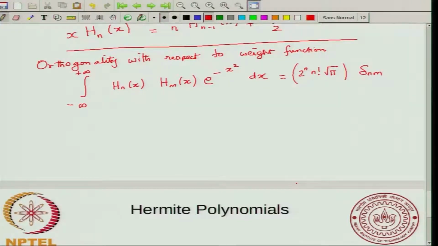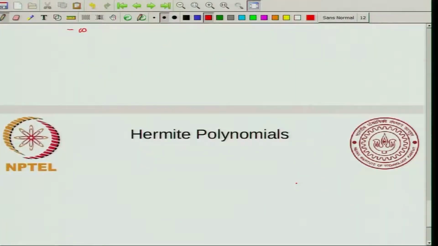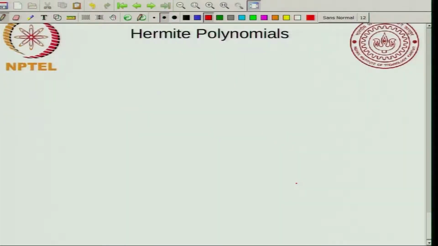And we will conclude by saying that the Hermite polynomials satisfy a differential equation. What is the differential equation? It is also called the Hermite differential equation.